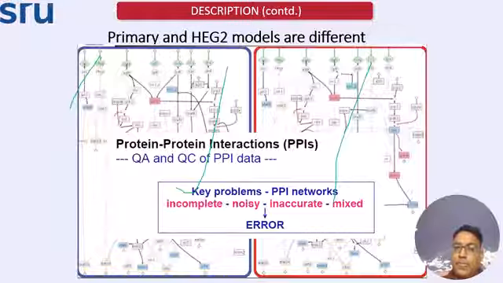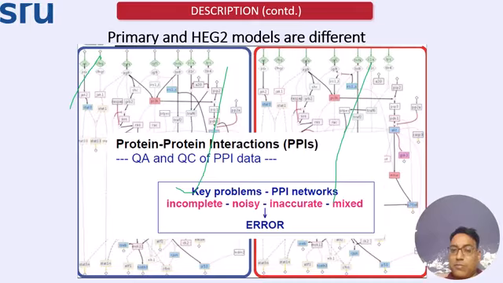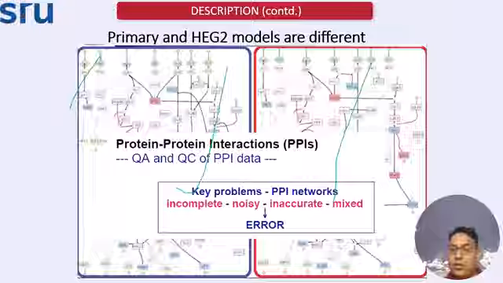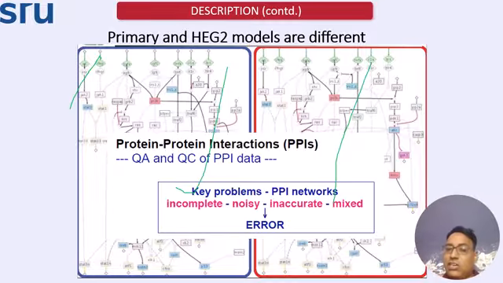So, the quality assessment and quality control of PPI data, protein-protein interactions. The key problems of the PPI network: they're incomplete, noisy, inaccurate and mixed. All these protein-protein interaction networks are always incomplete.